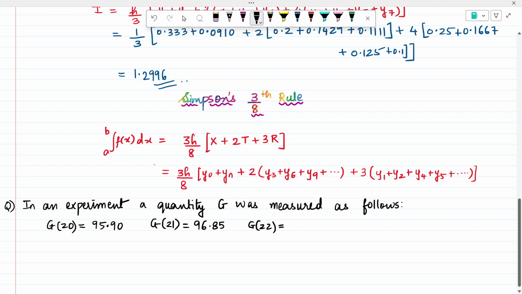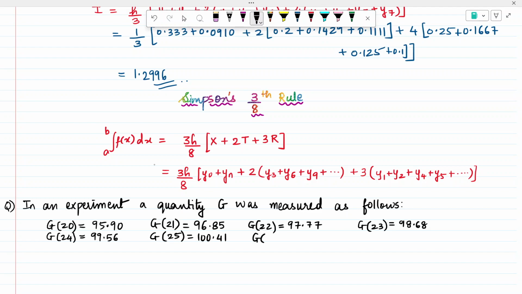G22 is given to you as 97.77. G23 is given as 98.68. G24 is given as 99.56. G25 is 100.41. And lastly, G26 is 101.24.